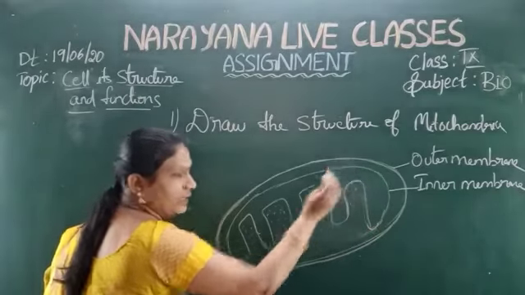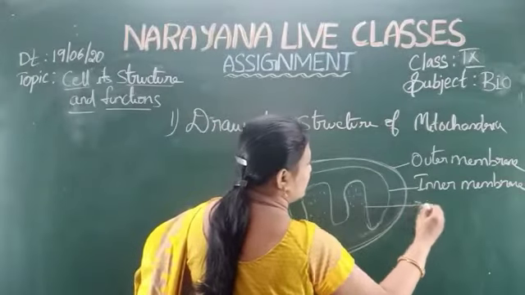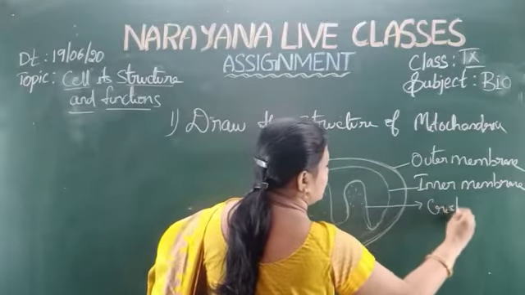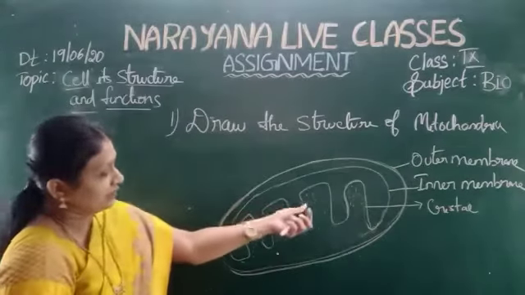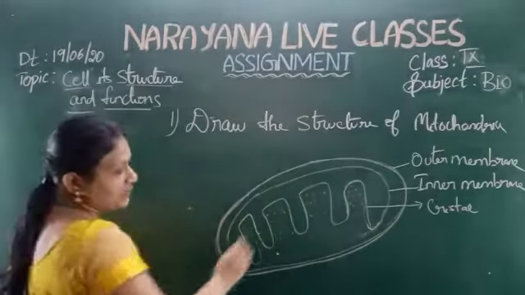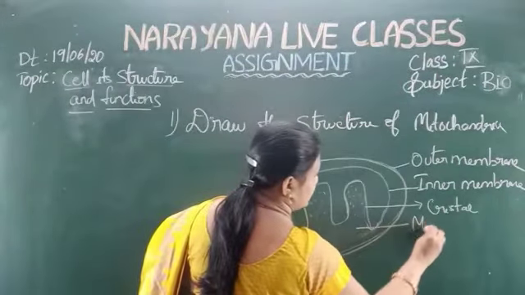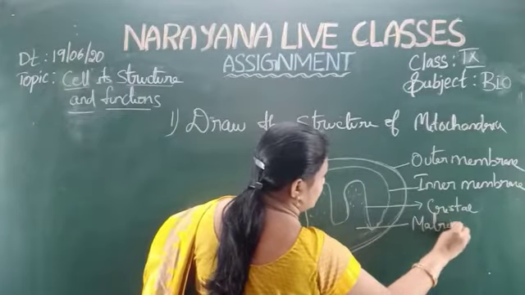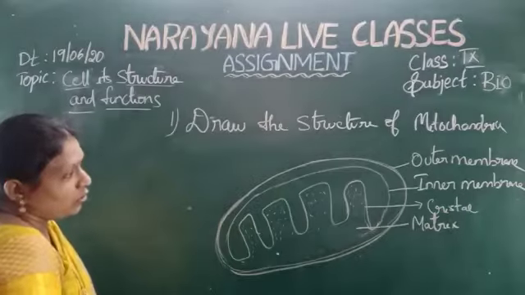This folding is known as cristae. In between this we have some space, and this space is known as matrix. So these are the main parts of mitochondria.